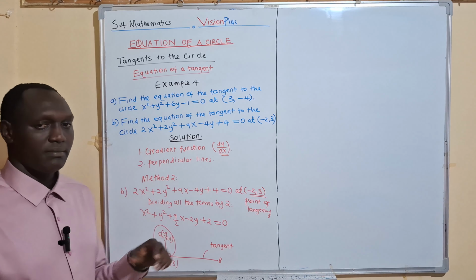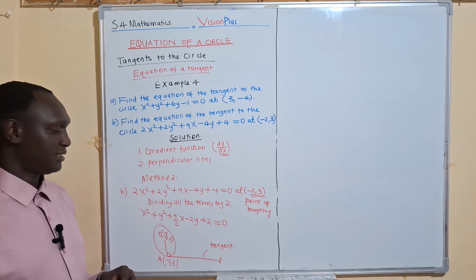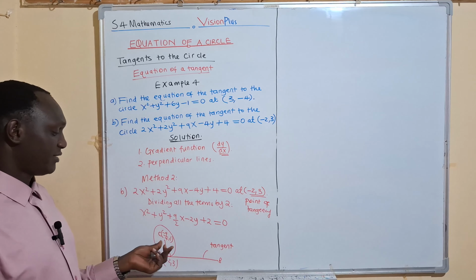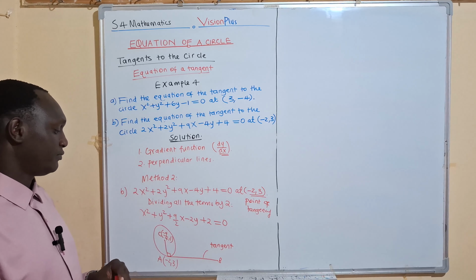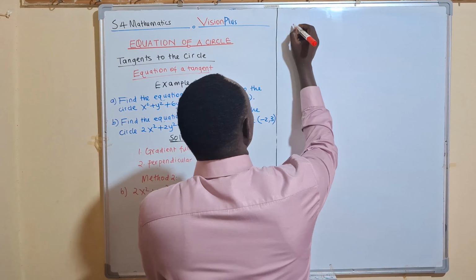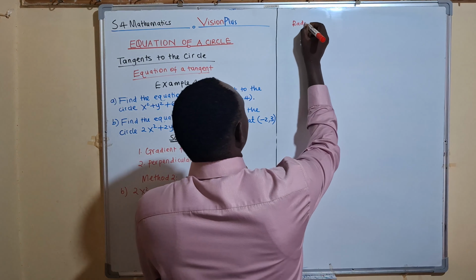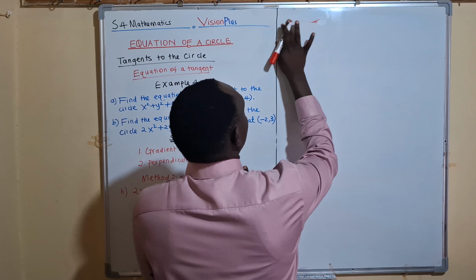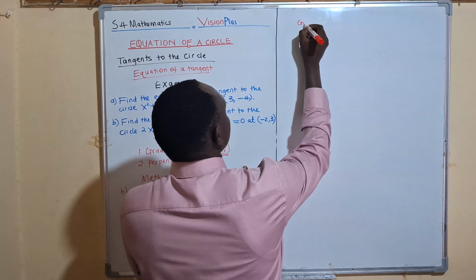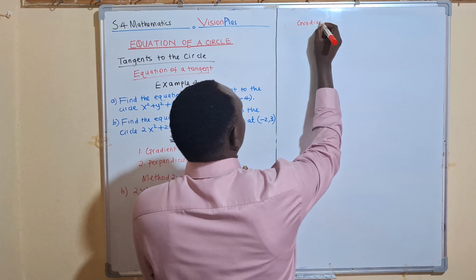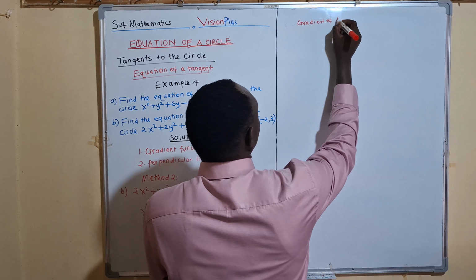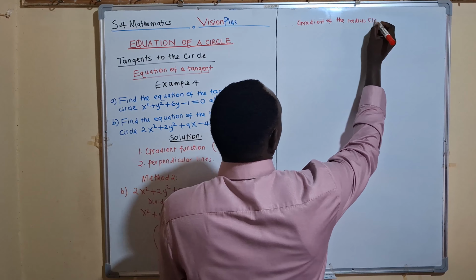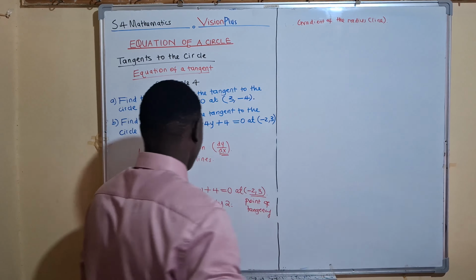If you use the method of comparing the terms and coefficients, you get the same values of a and b. So after getting the coordinates of the center, we need to find the gradient of the radius, because the radius is a line.